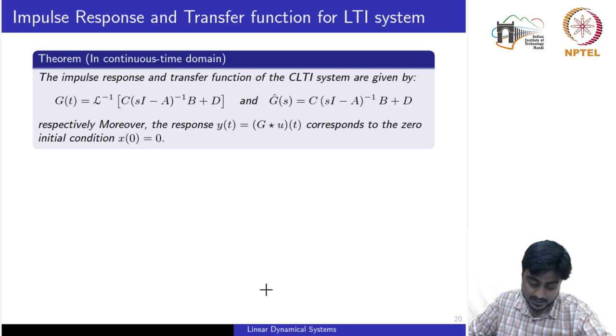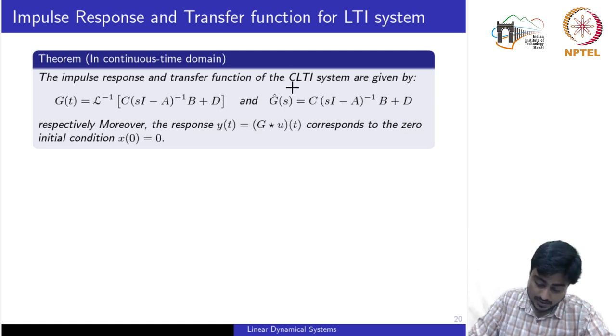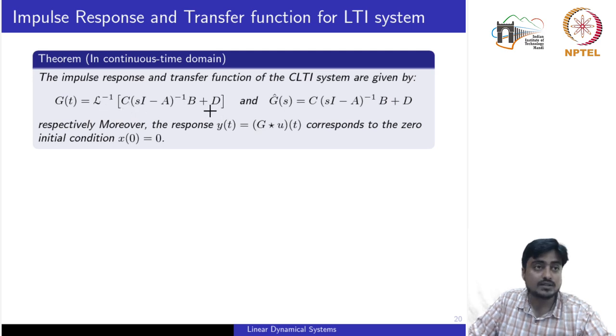So we have our next result in the continuous time domain: the impulse response and transfer function of the continuous time linear time invariant system are given by g of t as the Laplace inverse of this combination of A, B, C, D matrices, and g hat of s is given by this, respectively. Moreover, the response y of t is equal to the convolution of g and u, which corresponds to the 0 initial condition that we had seen in the last slide.